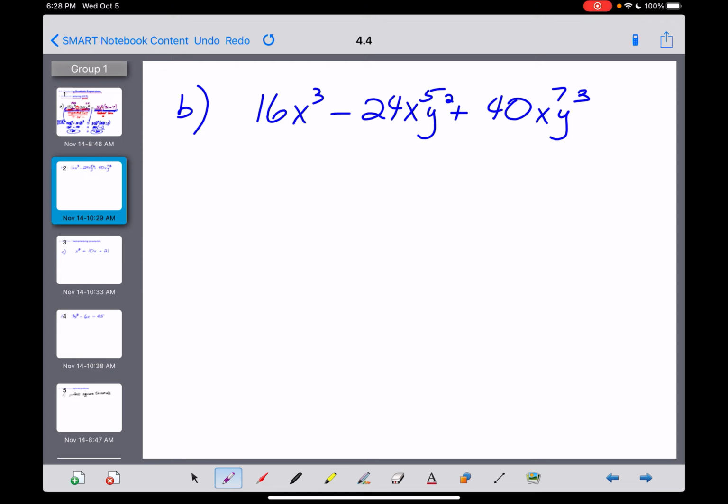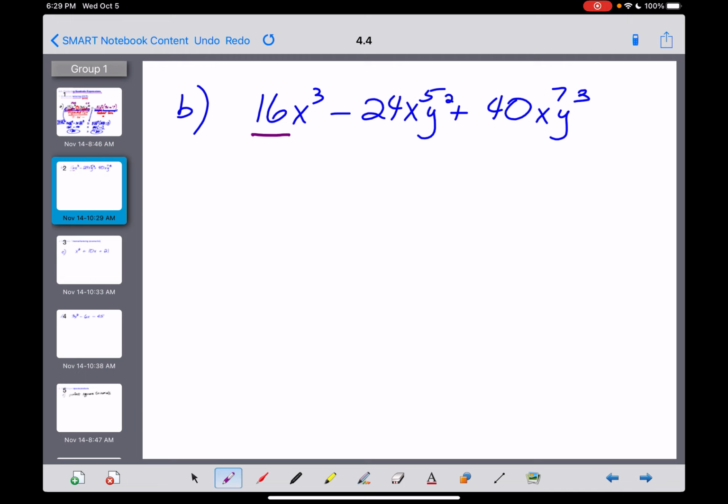We are looking at coefficients of 16, 24, and 40. So we're looking for the biggest number that goes into all of those. Here's the way I would approach this. Start with the smallest number, which is 16. The best case scenario is that 16 would actually divide evenly into these numbers here, but that doesn't happen in this case, guys. 16 doesn't go evenly into 24 or 40 for that matter.